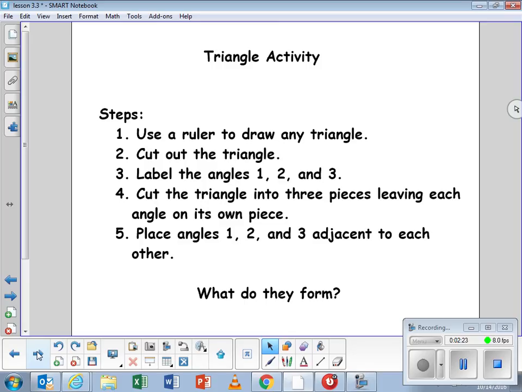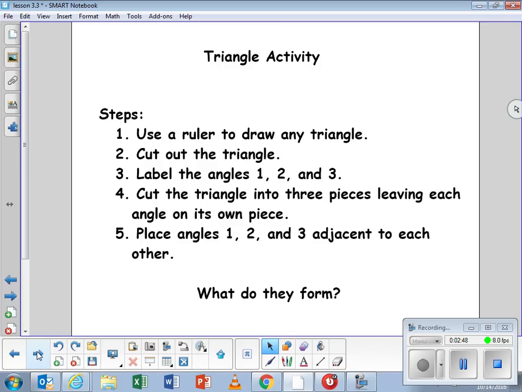Mine's a party hat. How do we label the angles? You label the angles 1, 2, and 3. Did I give you guys scissors? Okay, let me pause this.